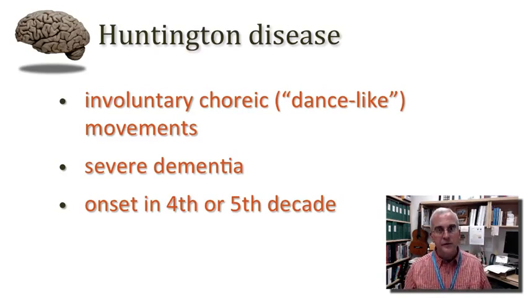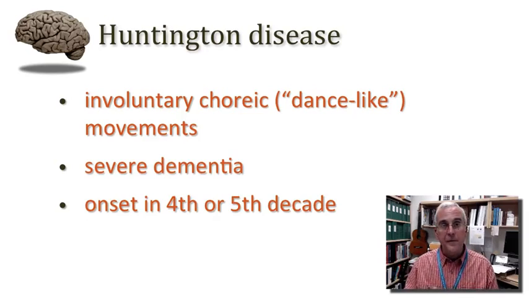Now, the pathology associated with Huntington disease actually is now traced back to a genetic origin. Huntington disease reflects an autosomal dominant mutation that results in the production of a gene product from a gene called Huntington, and this product contains a repeating sequence of CAG nucleotides.